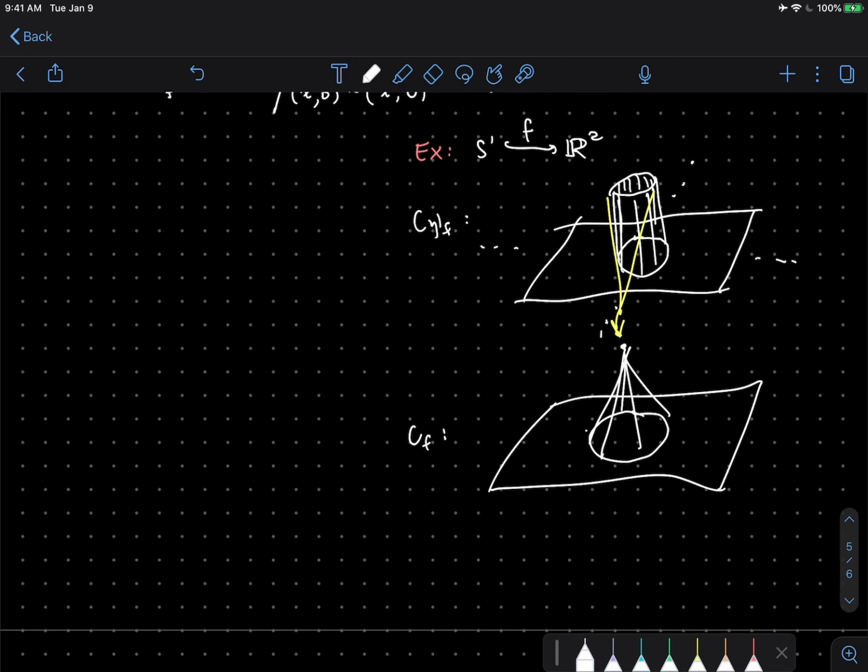So another example is we can take a look at the identity map on a topological space X. This gives us that the cone of f is just X and a point on top of it.